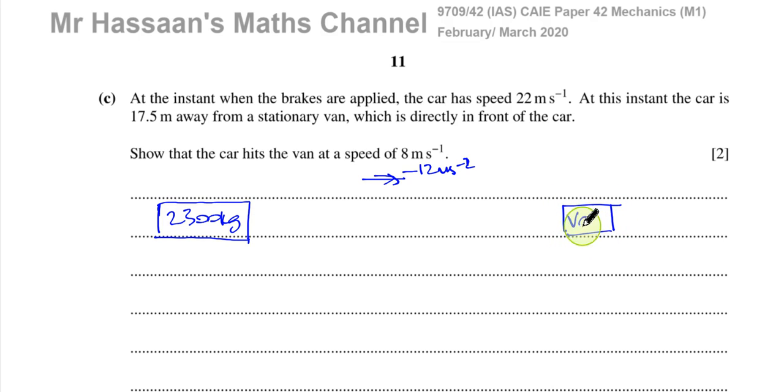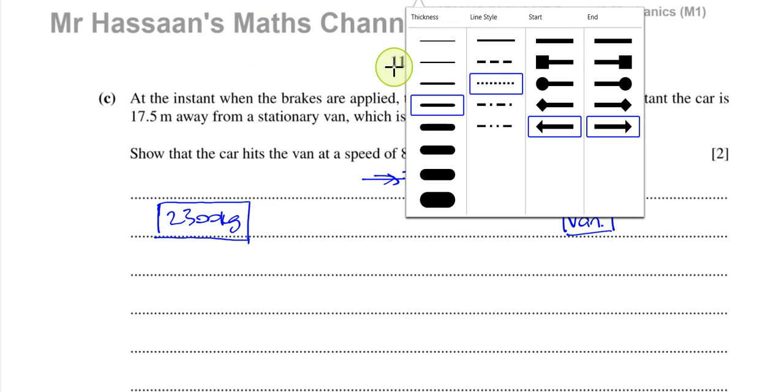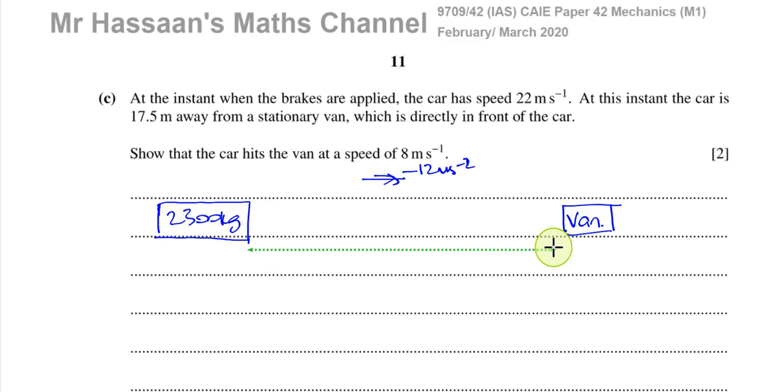We don't know anything about the van right now, but we know that the distance between the trailer and the van is 17.5 meters. Now it's traveling at a speed of 22 meters per second at this stage. And here we have to show that the speed is 8. So we're not going to put 8 here, we have to show that the speed is 8.